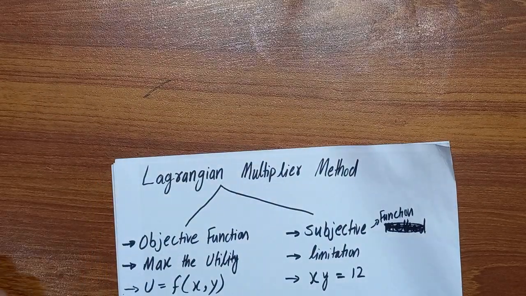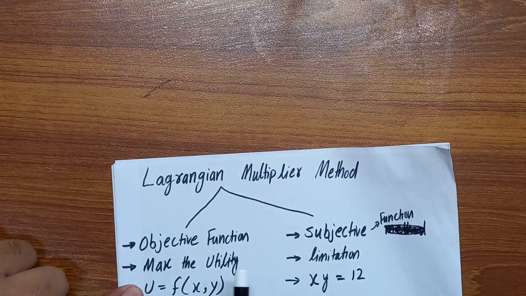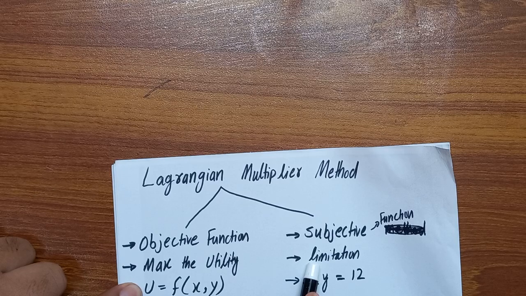In the Lagrangian method, we have two things: one is the objective function, and one is the subjective function. An objective function means that we maximize the utility. But there are some limitations.